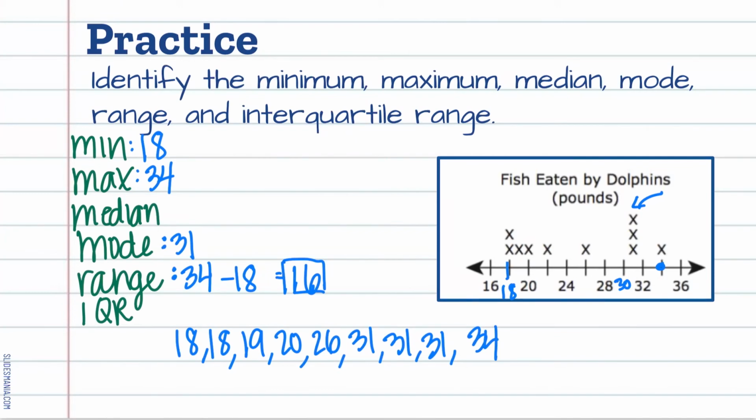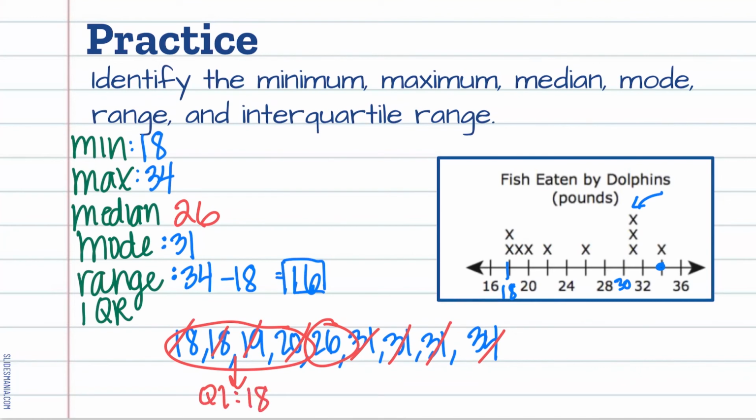So starting off by finding my median. My median is 26. So now I can find values of my first quartile and my third quartile. The value of my first quartile is 18.5.